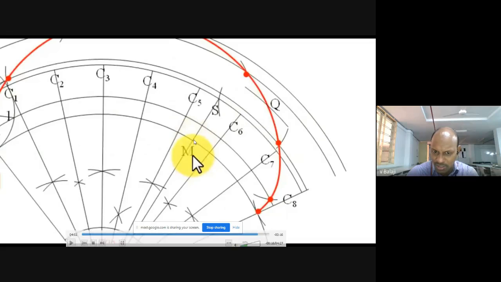This is a little bit typical to understand. This line S and O meets the ground at point M. Are you able to find this point M?